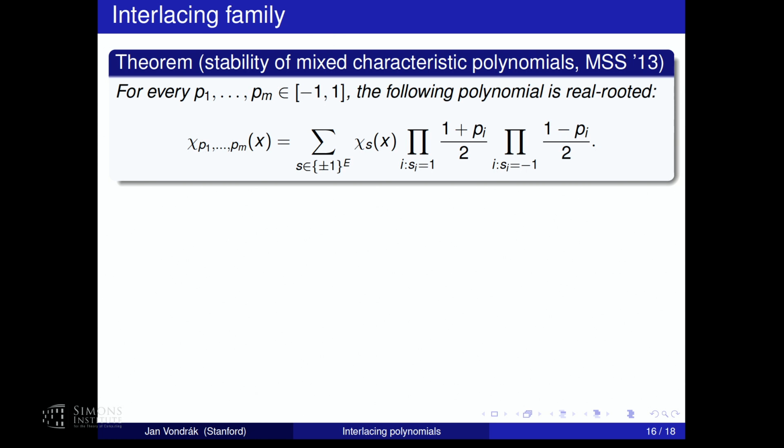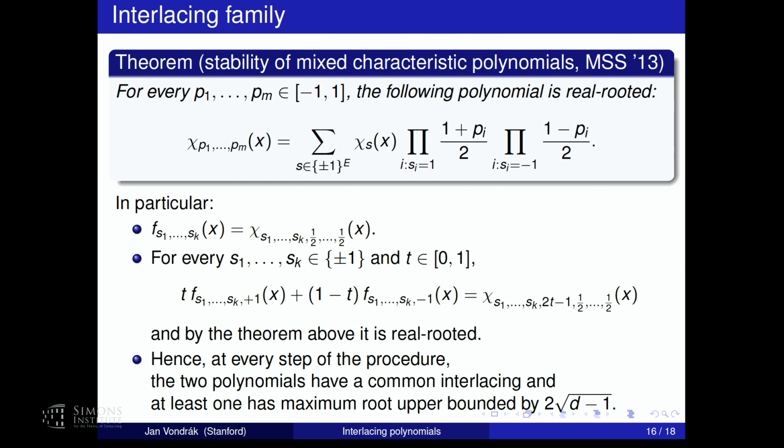These probabilities just interpolate between plus and minus 1. So we can generalize the notion of x sub s to x sub certain numbers between plus and minus 1, and we get this mixed characteristic polynomial. The polynomials which appear in the interlacing polynomials method are polynomials of this form. We already fixed the signs up to a certain point. We fixed the first k signs, and the remaining ones are random. They're half.